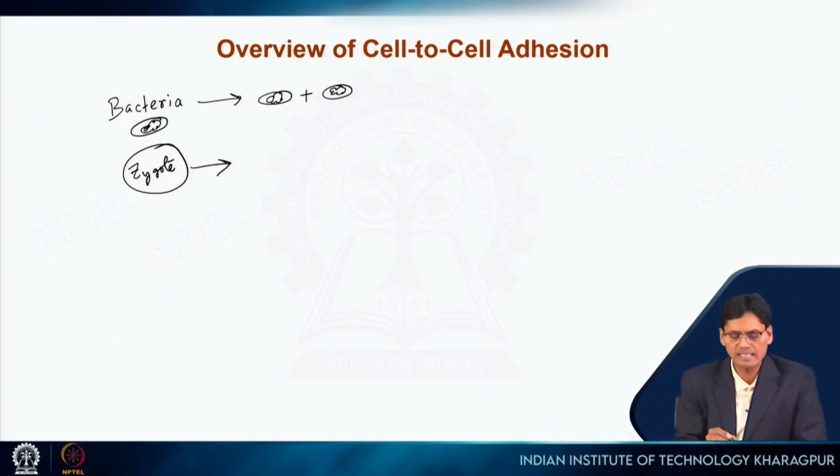As I already mentioned, we have approximately 10 to the power 13 cells. If you consider some cells, for example some immune cells, they travel through our blood and other fluids. So they are not constantly adhered to particular sites, but they dynamically adhere as and when required. So you can understand that cell-to-cell adhesion is also a very dynamic process.